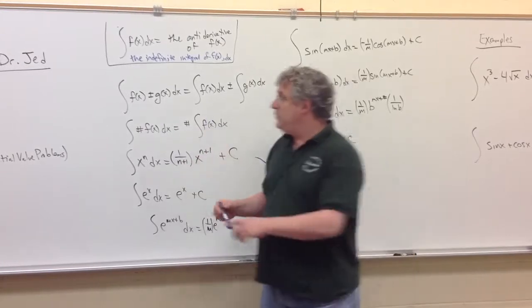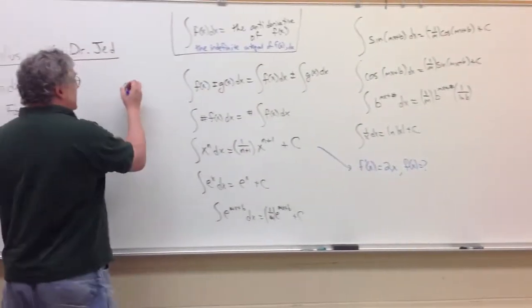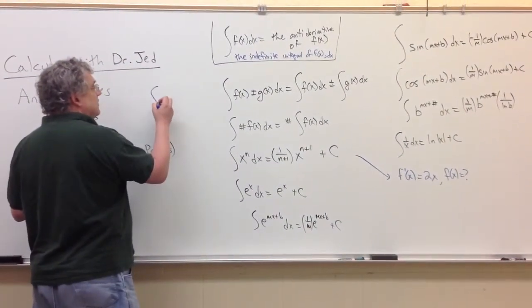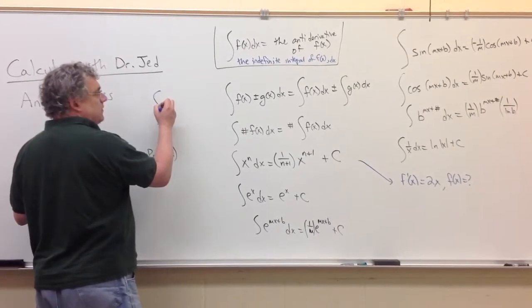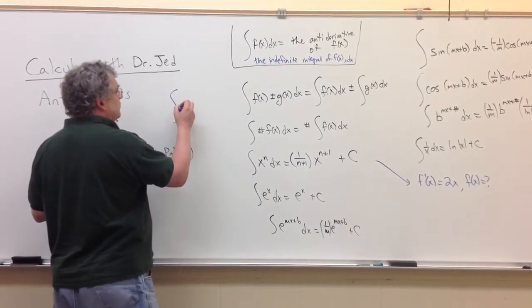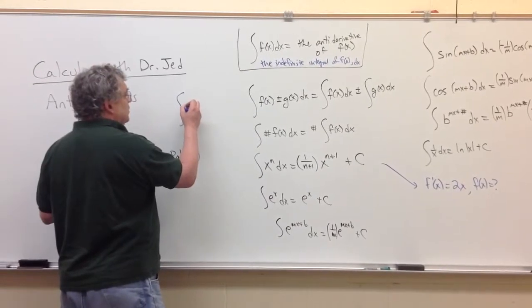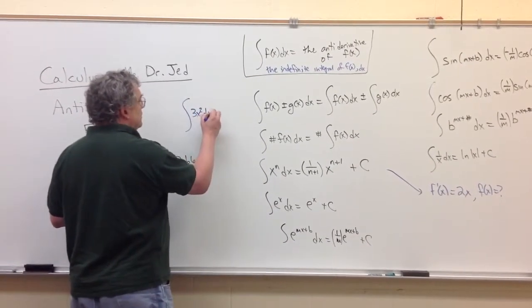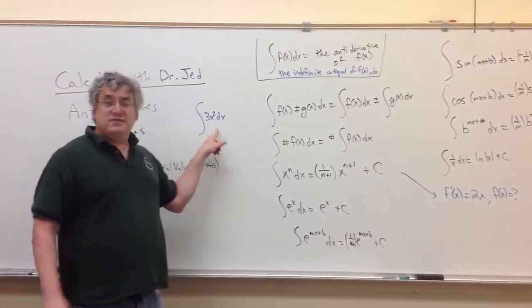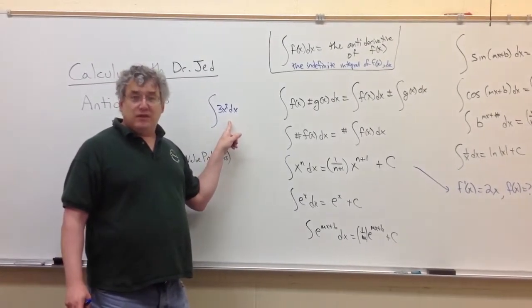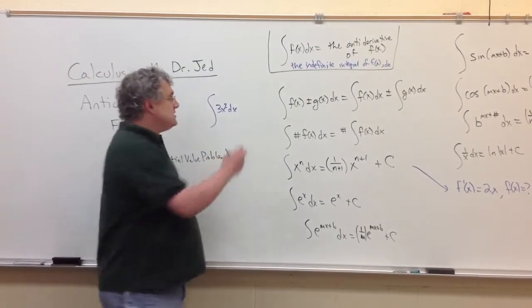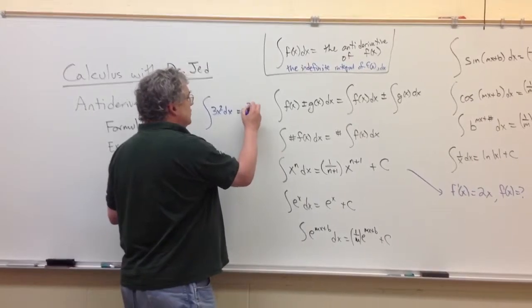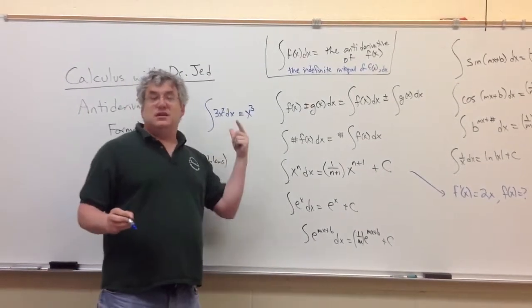Now let me give you an example of what I'm talking about. What we're saying is an antiderivative is, like, for example, suppose I have, let's think, 3x squared. Well, what I'm saying is, what function's derivative is 3x squared? So what is this? This is x cubed, because x cubed's derivative is 3x squared.